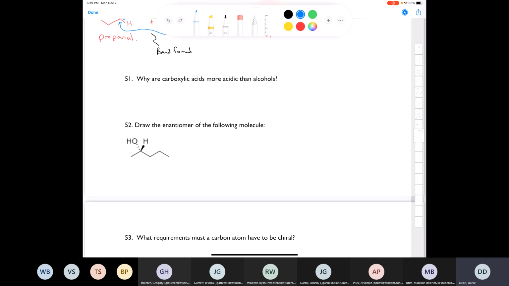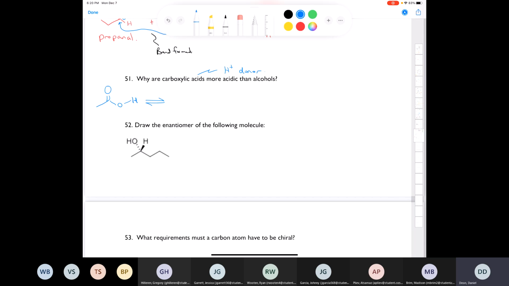Okay, let's see here. Question 51, why are carboxylic acids more acidic than alcohols? Well, if you look at a carboxylic acid, let's just choose acetic acid. We know that an acid is a proton donor, right? Something that can donate a hydrogen.